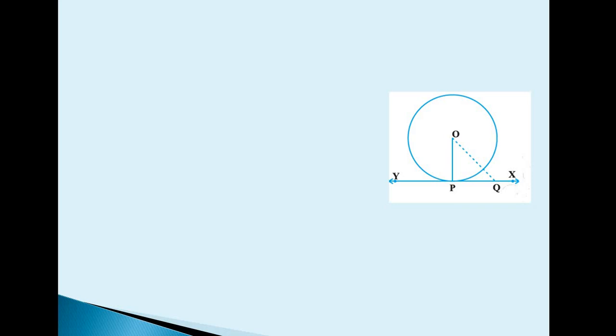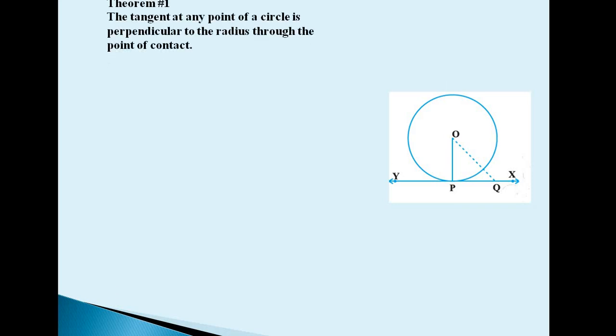The first theorem says that the tangent at any point of a circle is always perpendicular to the radius through the point of contact.